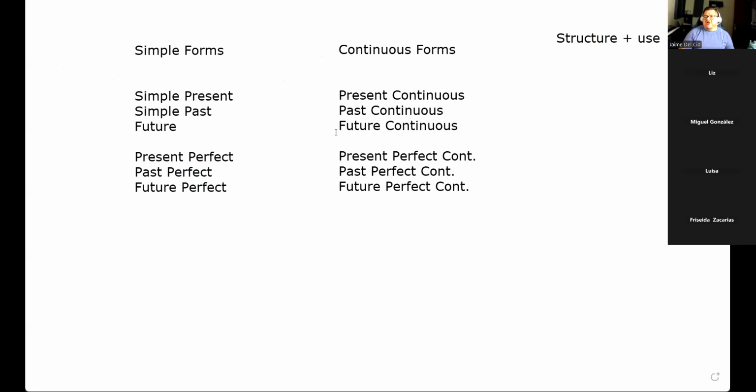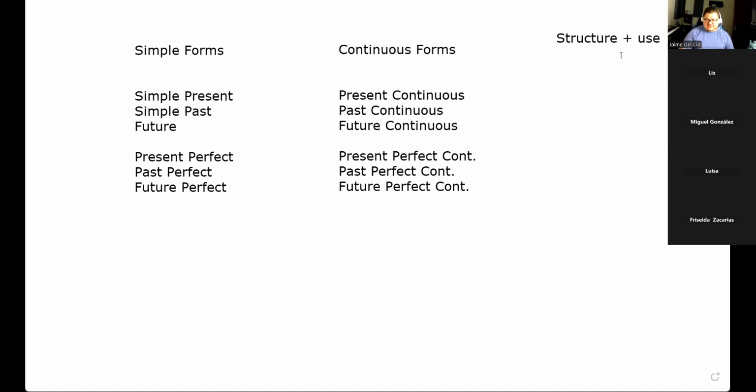I know that some of these we have not studied. For example, future continuous, future perfect continuous. We have probably not dug that much on these topics, but it's because they are not that common, and we probably are not going to use them that much. But the rules are pretty much similar to any other perfect tense or continuous tense.